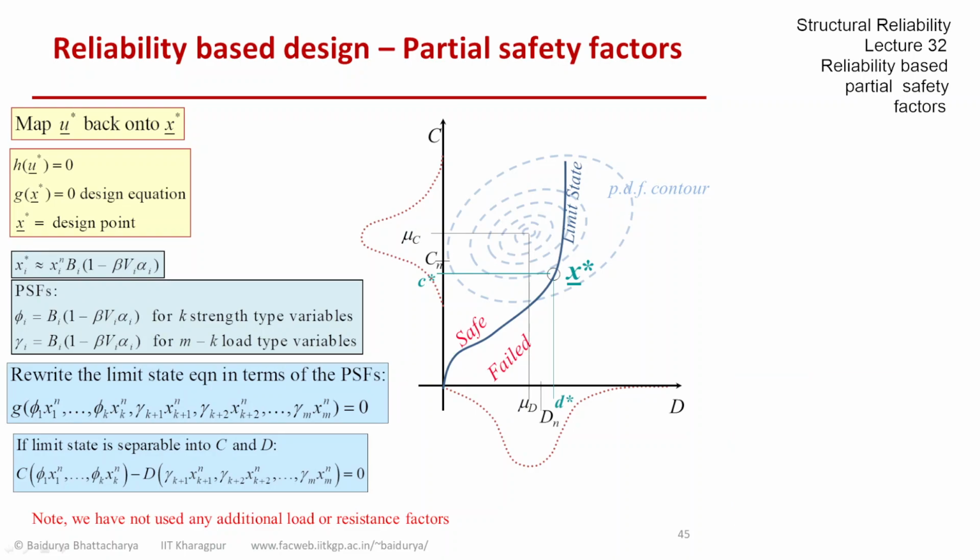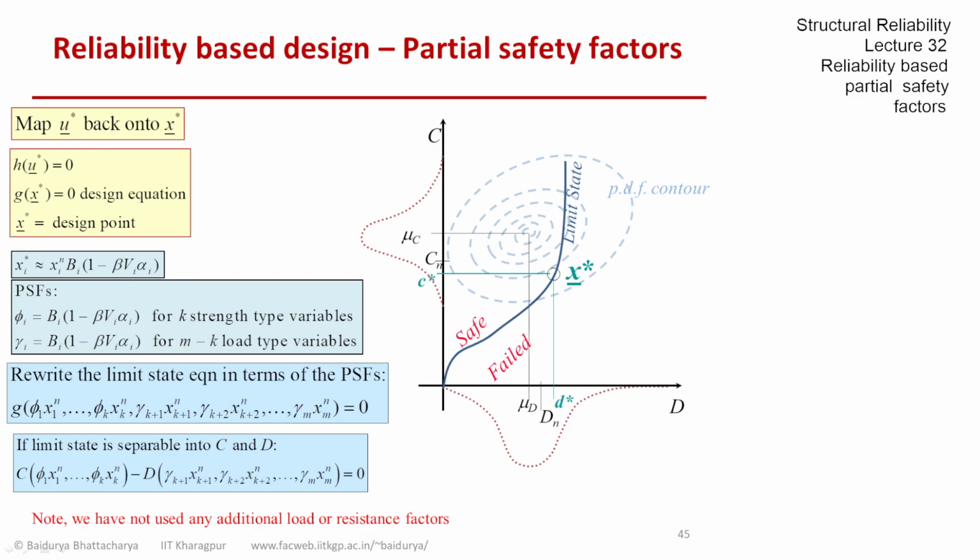Another important point is if this design equation is just satisfied, then the reliability achieved would be the beta that we have already used in defining the phi's and the gammas. Now, whether that beta is acceptable or not is obviously a different question. So if we want to achieve a certain beta, like we have done in the previous examples, then we might need to tweak the phi and gamma values.